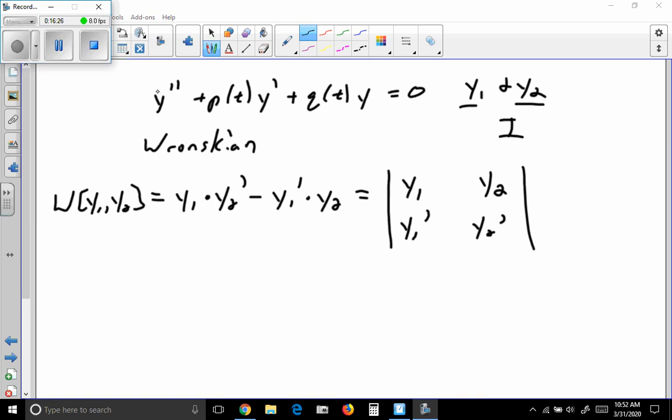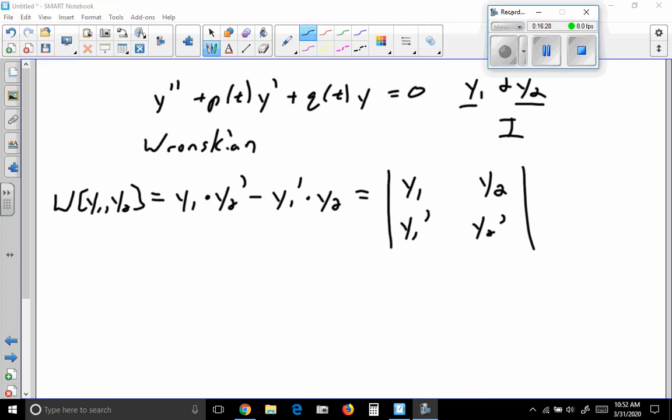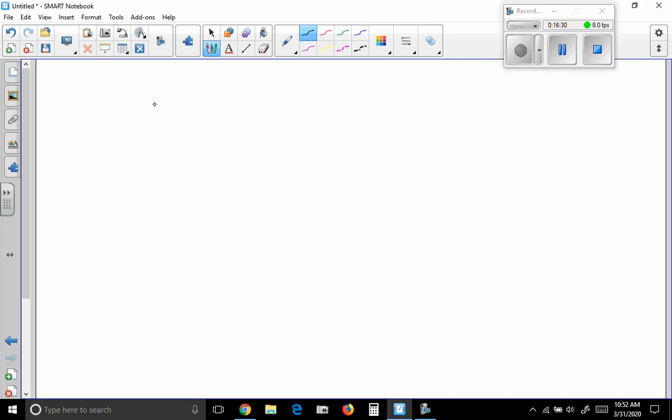Also, just as in the situation where we had constant coefficients, when we have our second order differential equation, the homogeneous C1y1 plus C2y2 is a general solution for our homogeneous. And then our general solution for the non-homogeneous is the solution to the homogeneous plus the solution to the particular. So remember how we get the solution to a particular.